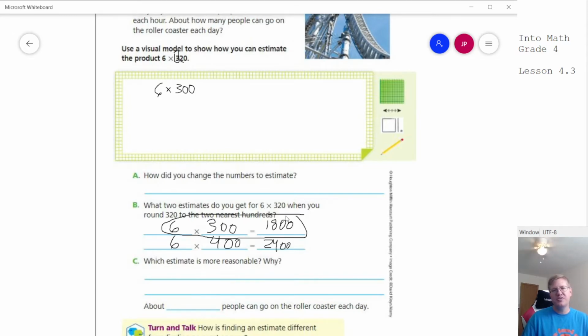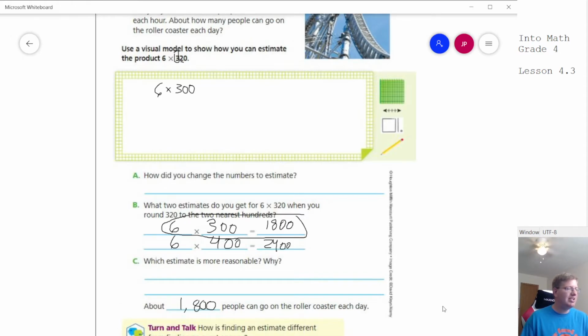If we choose to round to the nearest 10 for one of them, or round to the nearest 100, if we're rounding to smaller place values, that's probably going to get us a little closer to our exact answer compared to rounding to a larger place value. But rounding to the largest place value works, and it's usually the easiest way to make sure that we're working with a basic math fact, which is why I recommend that. So we could say that about 1,800 students end up going on the roller coaster each day.